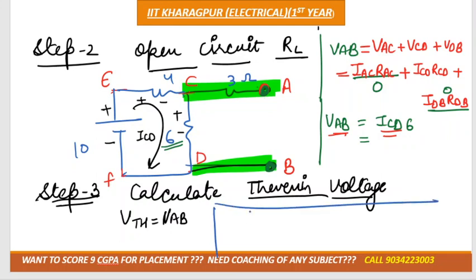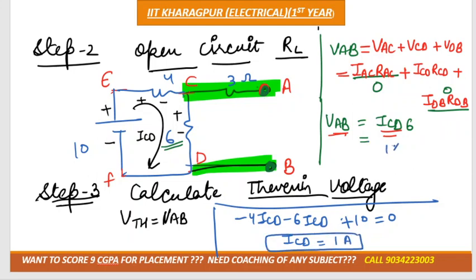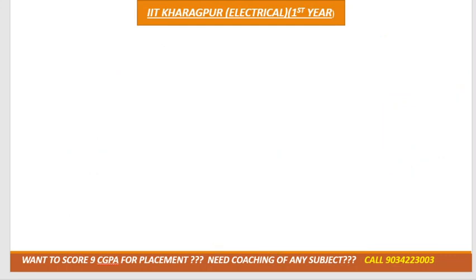The mesh analysis equation would be minus 4 ICD minus 6 ICD plus 10. So we get ICD as 1 ampere. We substitute here and get VAB, which is the Thevenin voltage VTH, equal to 6. That is our step number 3.